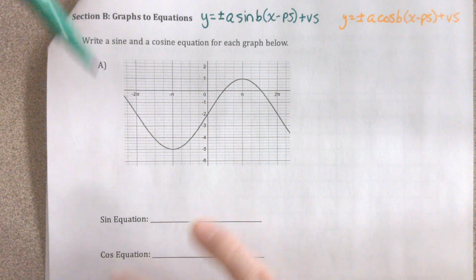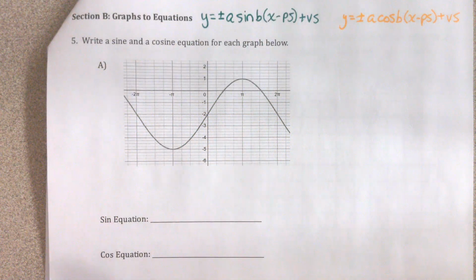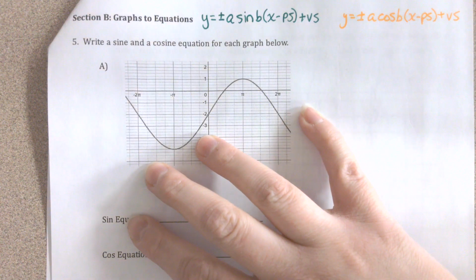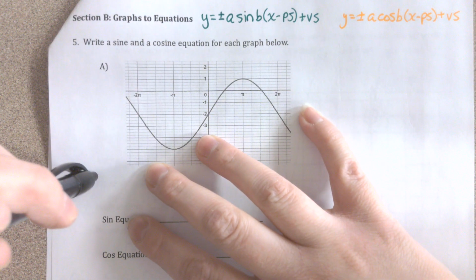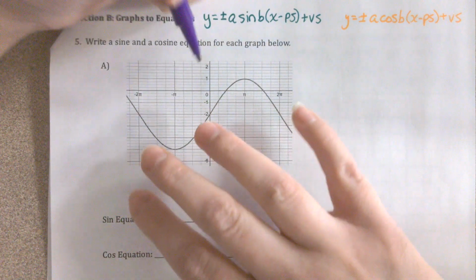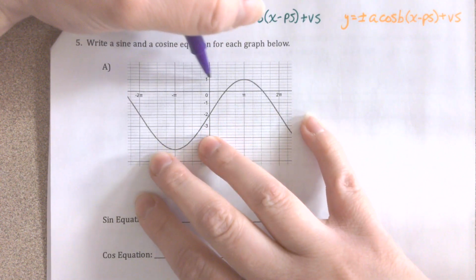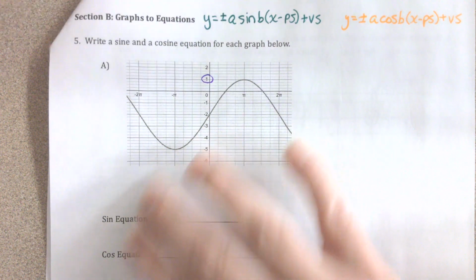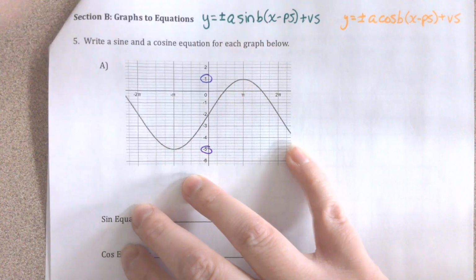So for this graph, you want to have some markings similar to what we would have when we make our own graph. So one of the first things I like to find is the midline, and that's really easy. You can eyeball it if it helps, but if you can't eyeball it, find your maximum. Our maximum here is 1, and your minimum is -5.